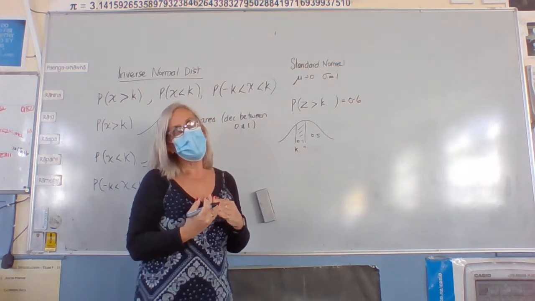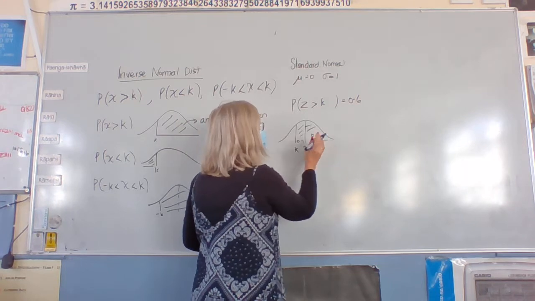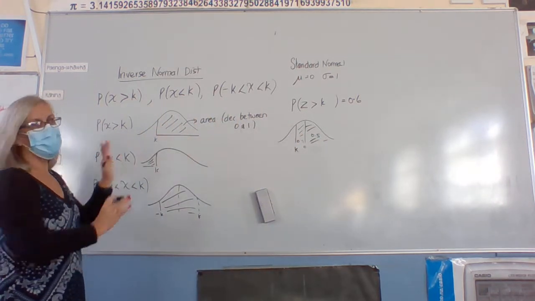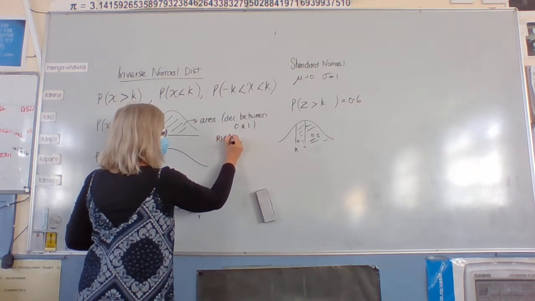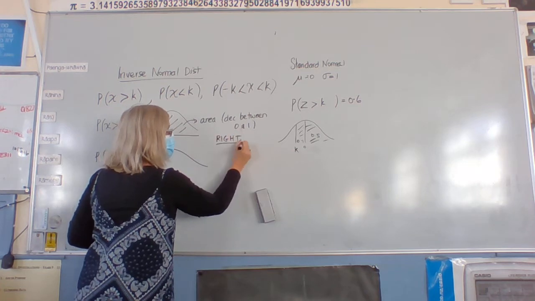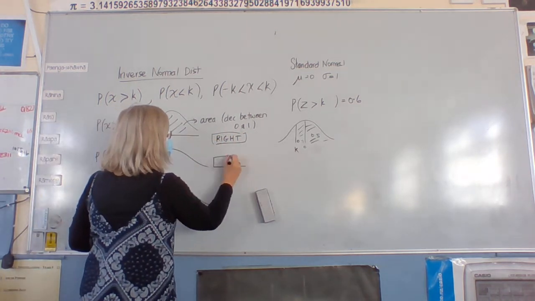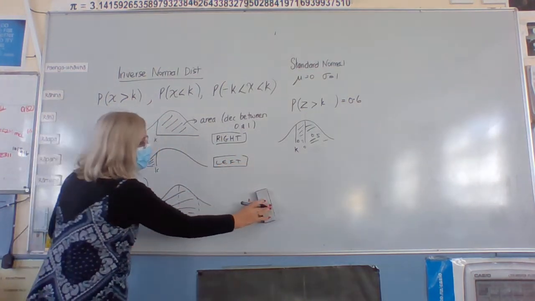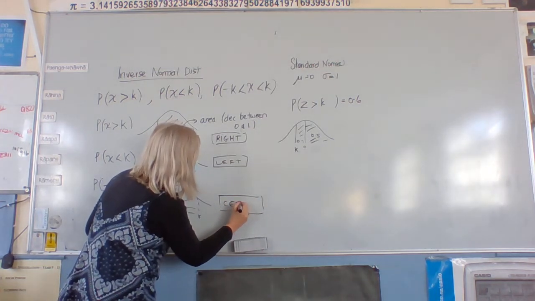Now, our calculator luckily does this for us, as long as we've drawn our picture and can see which of these situations we've got. Because on this side, we're talking about our right-hand side. This one is obviously a left-hand side. This one is classed as the centre.